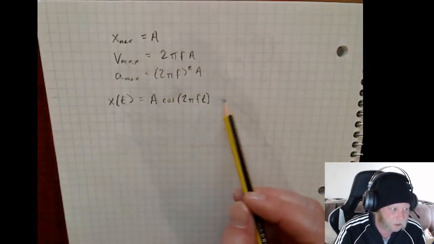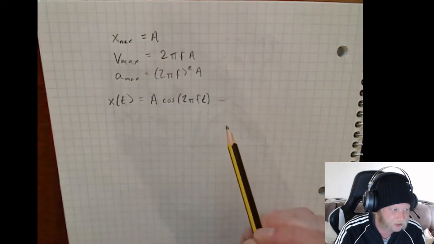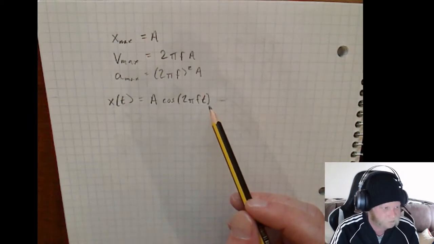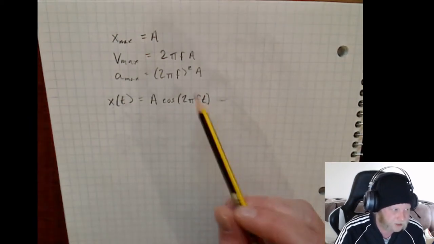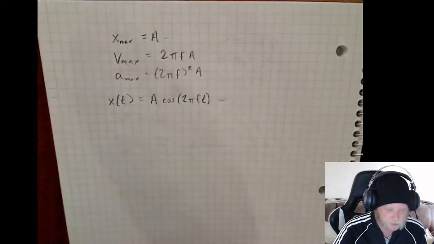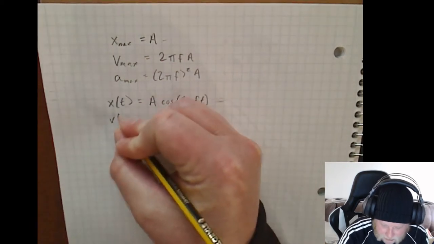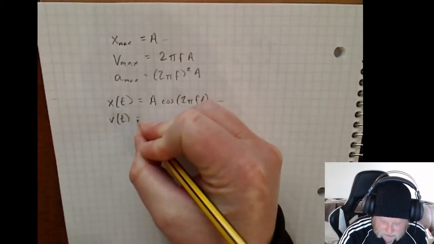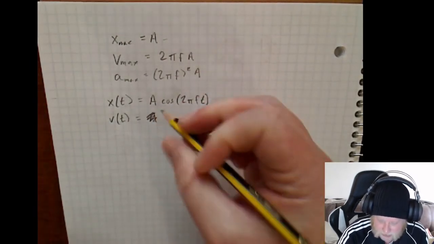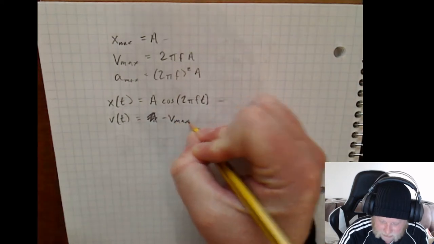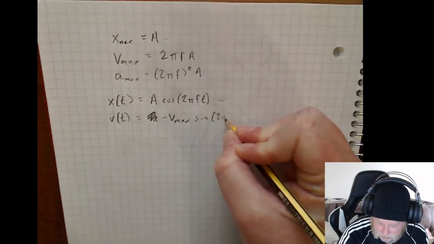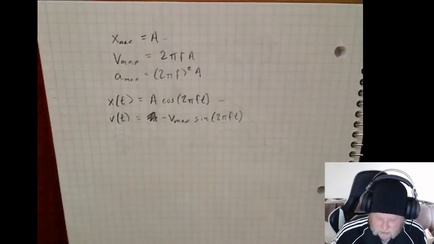Now this is the only one of these equations that's on the equation page, so this is probably the only one you're going to see on the AP exam. I mean, except maybe this one, which is just concept. But yeah. So then if we go even further, if you want to find your velocity as a function of time, it is equal to negative Vmax times the sine of 2 pi times frequency times time.